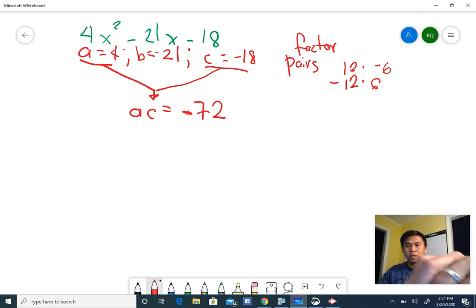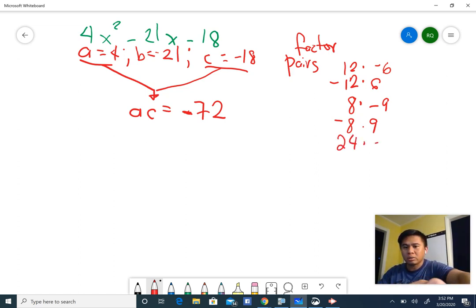It can also be 8 times negative 9, or negative 8 times 9. It can also be 24 times negative 3, and negative 24 times 3.